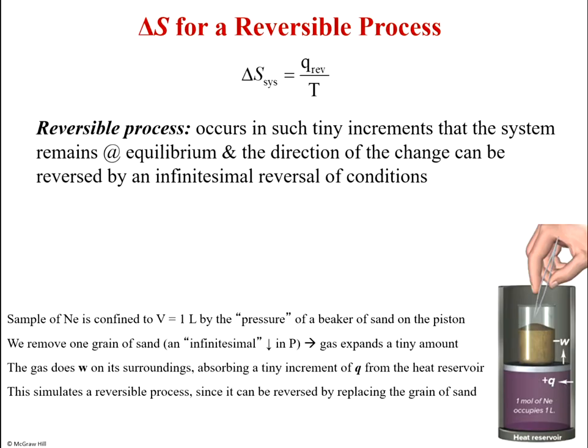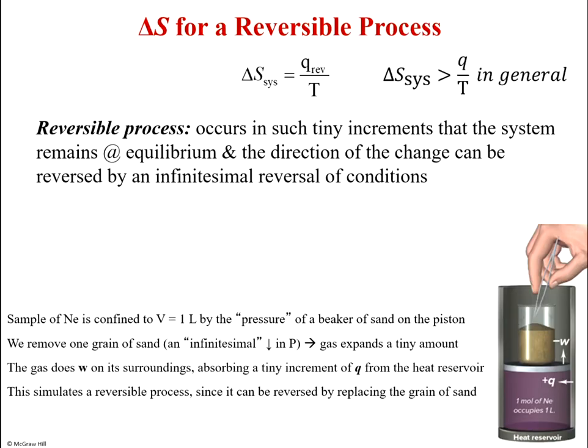If we remove 1 grain of sand, which is effectively an infinitesimal decrease in the pressure, the gas will expand a very small amount. Therefore, the gas is doing work on the surroundings, and it will absorb a tiny increment of heat from the heat reservoir, the surroundings. So this simulates a reversible process, and if we put the grain of sand back onto the beaker, we can reverse what we just did.